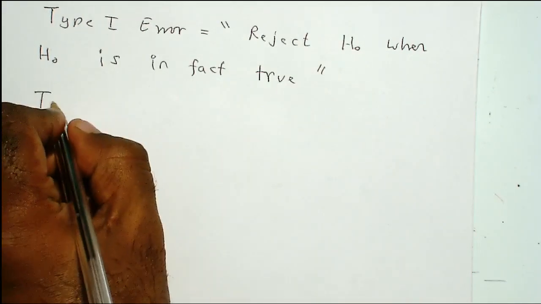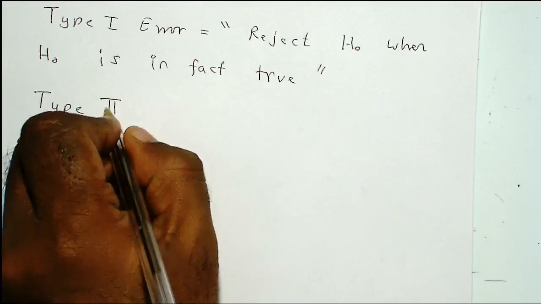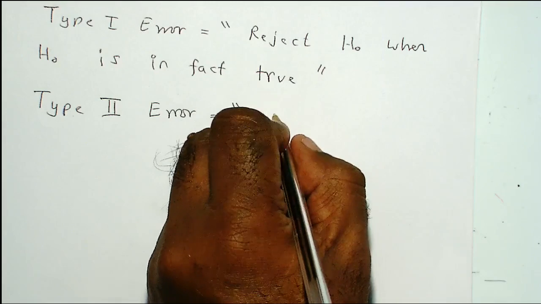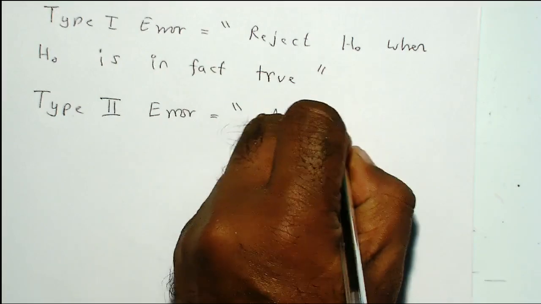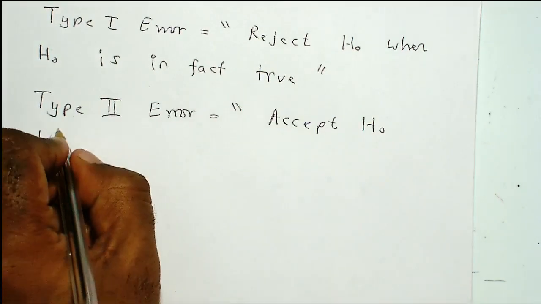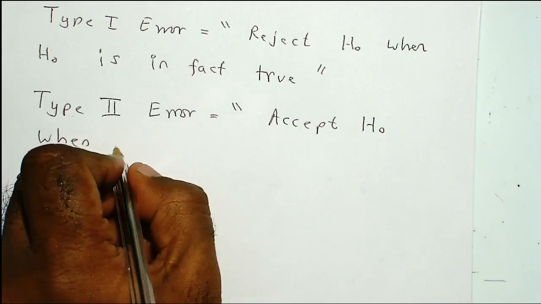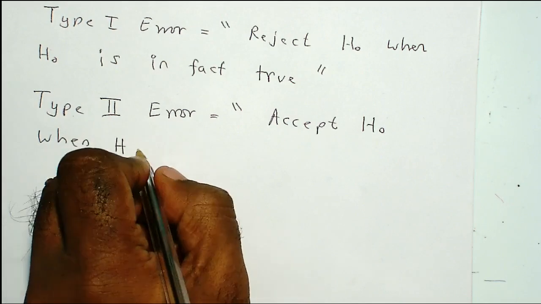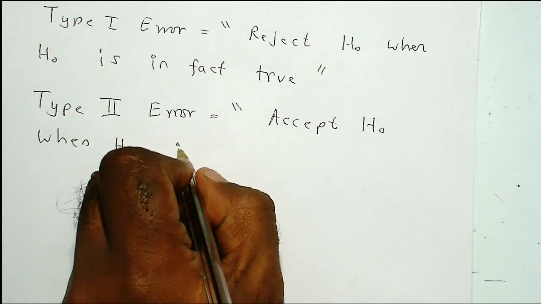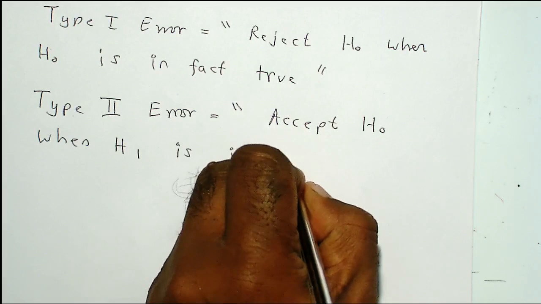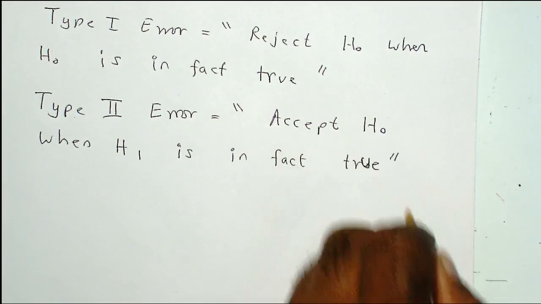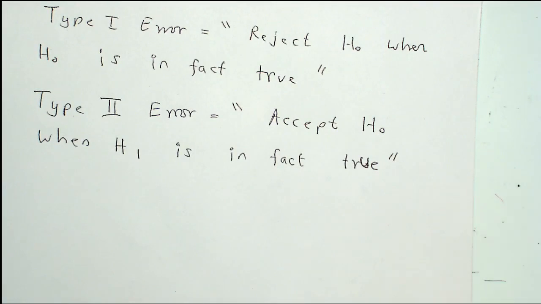Type 2 error, you accept H0 when H1 is in fact true. Okay, guys. So these are the two definitions of type 1 and type 2 errors.